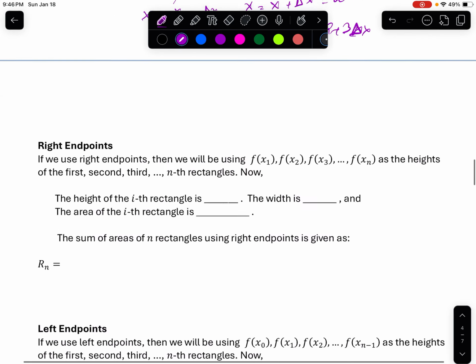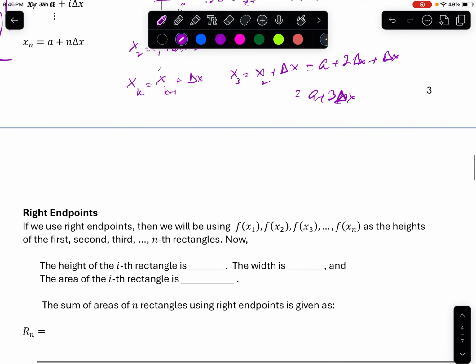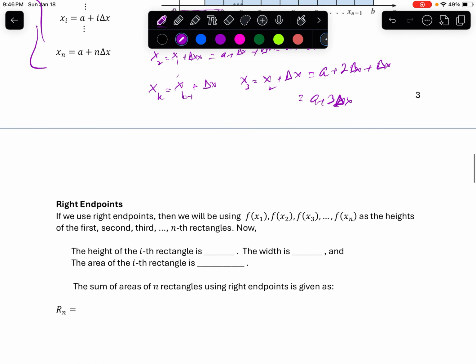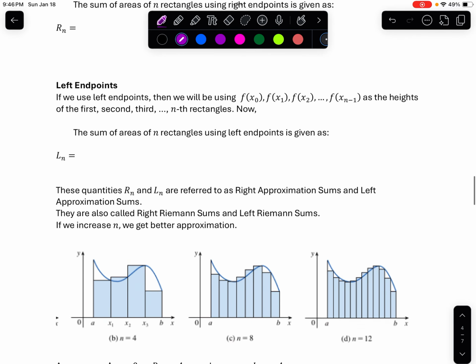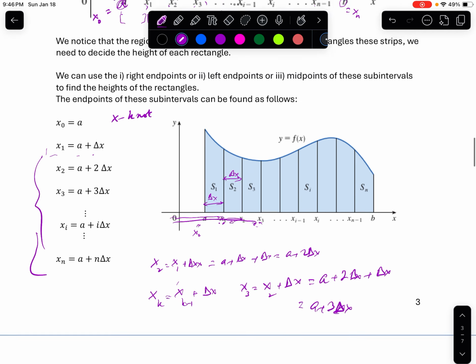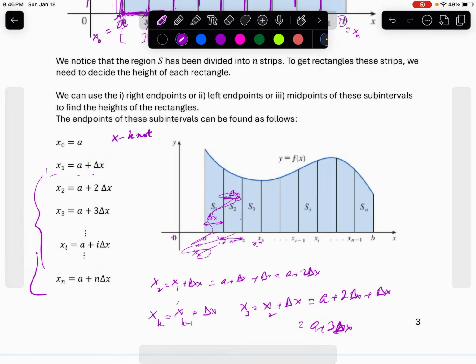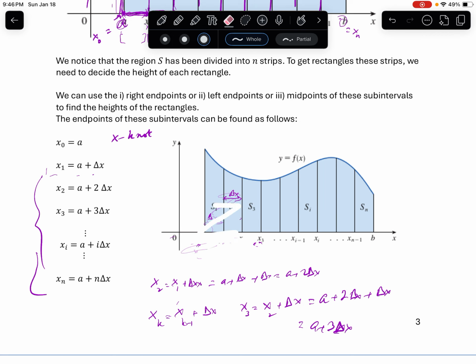Now when we use the right endpoints, let me show you here, on this picture. In the previous diagram, I had used the left endpoints, but I want to use the right endpoints now to create the rectangles. How will that look? For the right endpoints, let me take a different color.